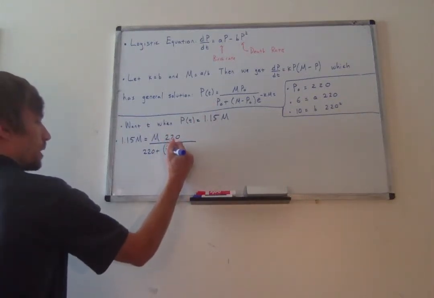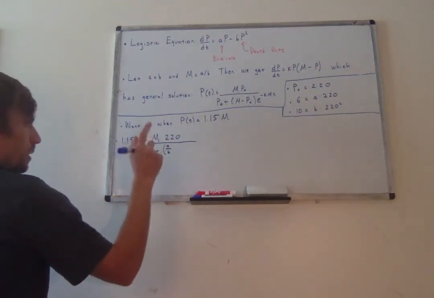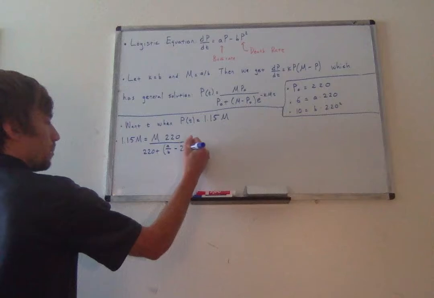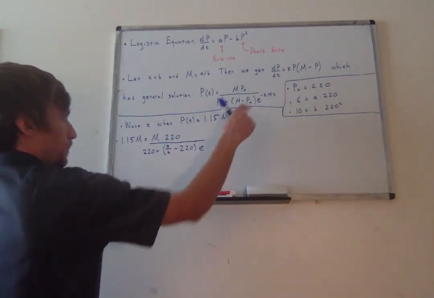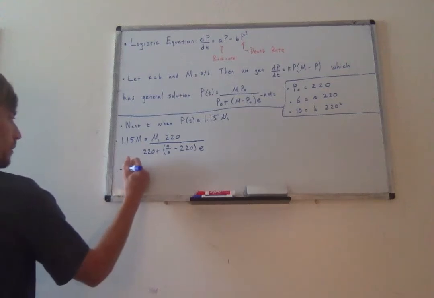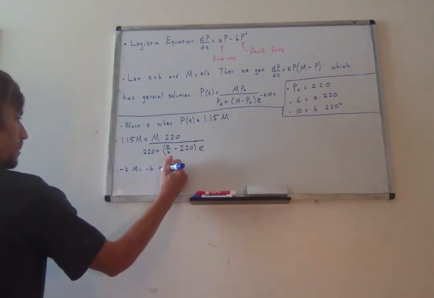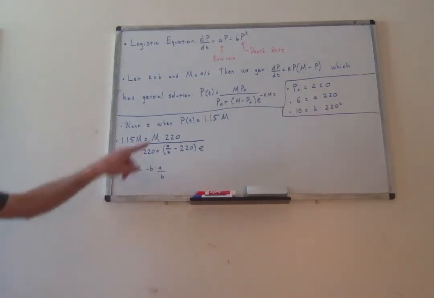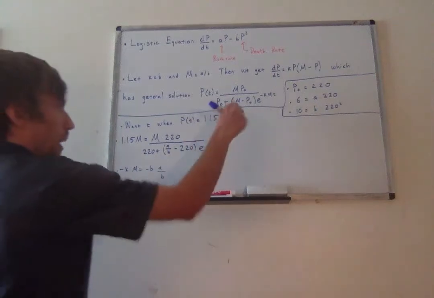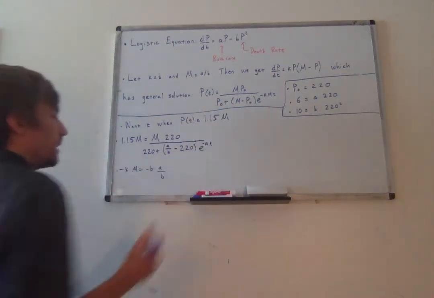For this M, I'm going to plug in A over B, and I'll leave the other M alone because I'm going to eventually cancel it, so we get A over B minus 220 times e. Notice negative K times M is equal to negative B times A over B, so the power of e here simplifies to e to the negative A t.